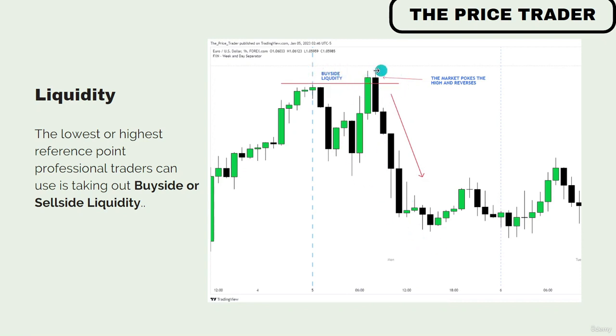So at this price point, you can be a seller because you're already in premium. If you have already defined your price range and you're looking at a potential sell, then this reference point can be used to enter a position and sell to this level and even lower. The market will poke this high and then it will reverse. This is what buy side liquidity is all about, but we'll go deeper into it in future lessons.